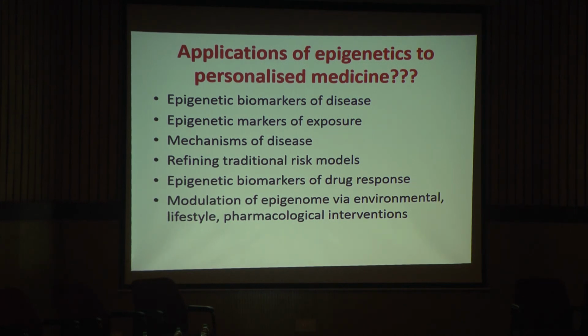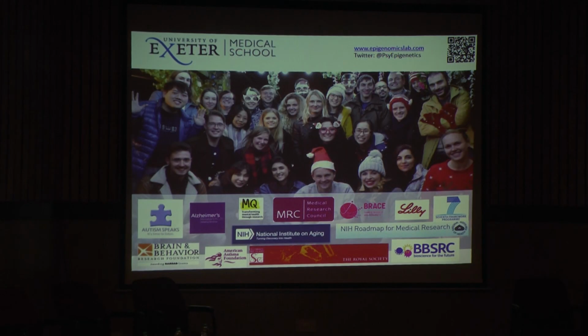It can tell us about the mechanisms of disease, so looking at this developmentally and in brain development, or putting together genetics and epigenetic variation, telling us about how those mechanisms are operating. It can allow us to refine traditional risk models. Moving forward, it could well provide us with biomarkers of response to drugs. And ultimately, as I said, hopefully we'll be at the stage where we can actually modulate the epigenome via certain interventions, be they pharmaceutical or more lifestyle.